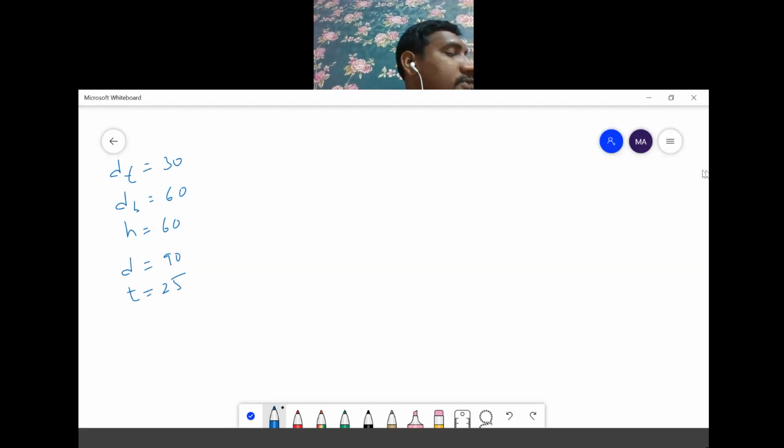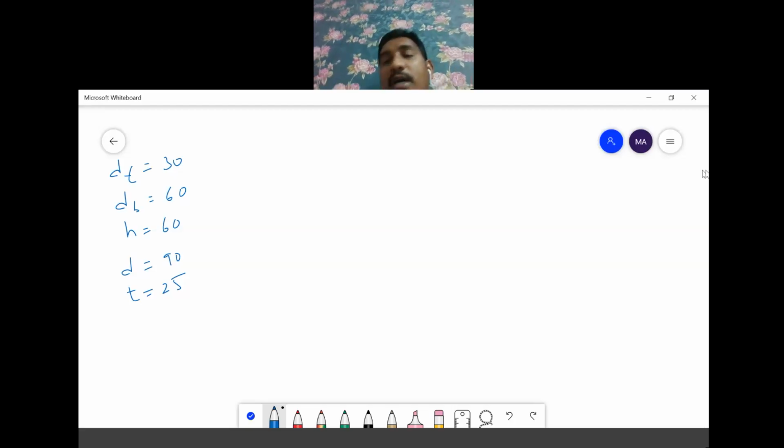Draw the isometric view of the combination of the solids.